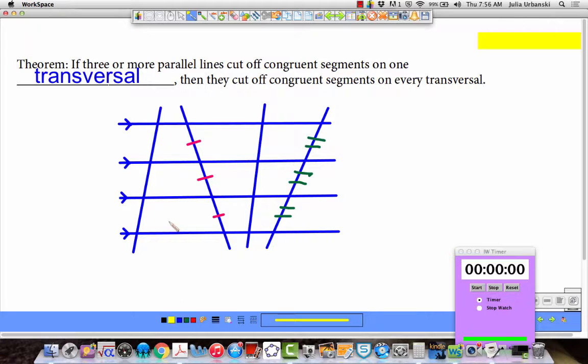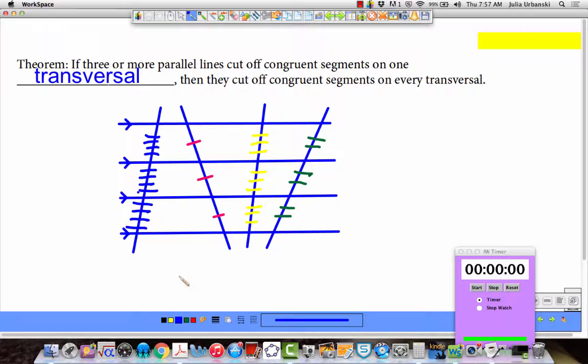And this transversal right here would be 3 equal pieces, etc. And this one too. Okay. So the criteria is the lines have to be parallel to start off with. One of the transversals has to be cut up equally. That means all the rest of them are equal.